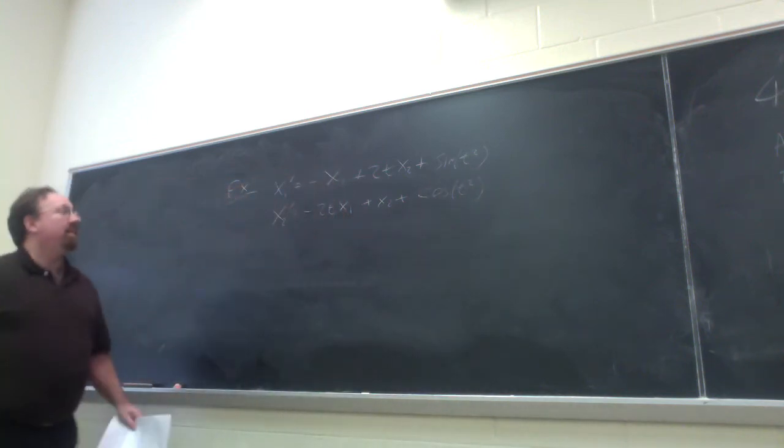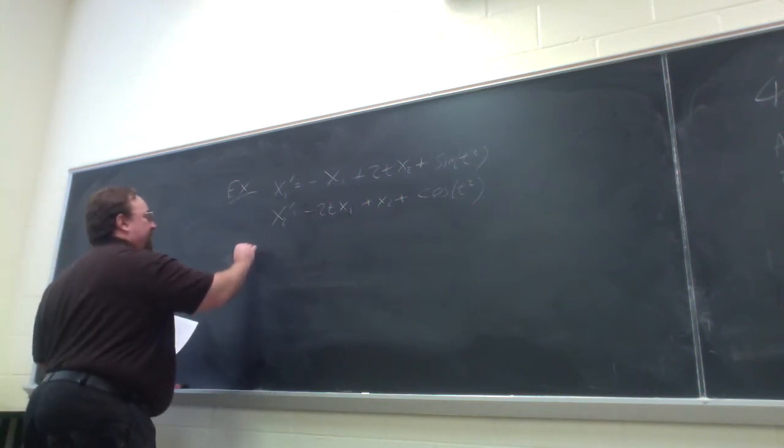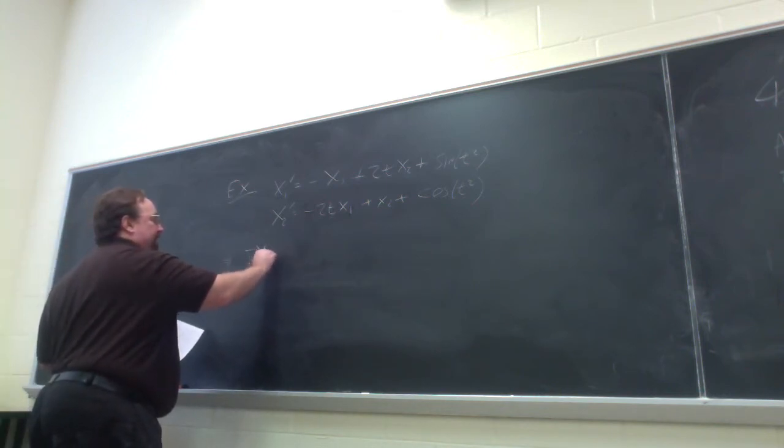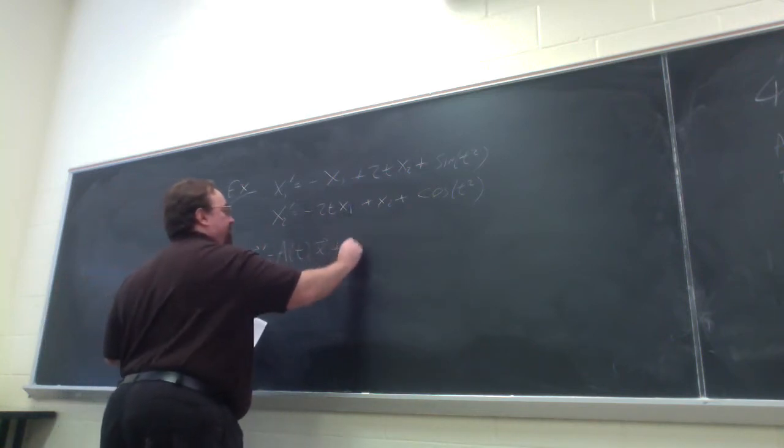Okay. Now, you can write this as x prime of vector is equal to A of t x plus b of t.